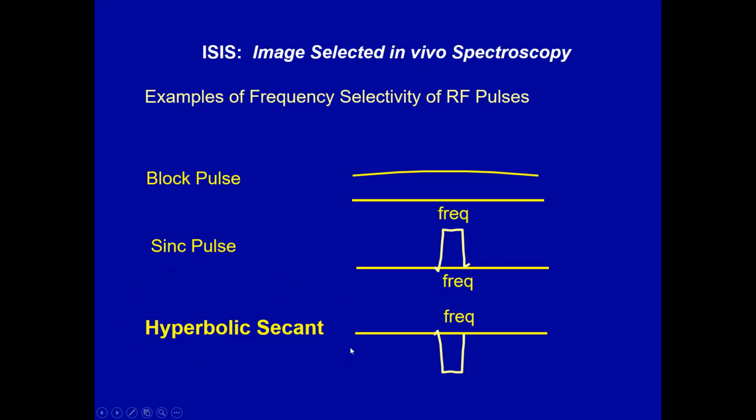One of the first options that was used is a hyperbolic secant pulse. It's called that because of the shape. It also has this property: it's adiabatic. An adiabatic pulse has the ability to rotate the magnetization, and when there's enough B1 intensity present, it will rotate the magnetization to where you want to put it, and then not disturb it further.